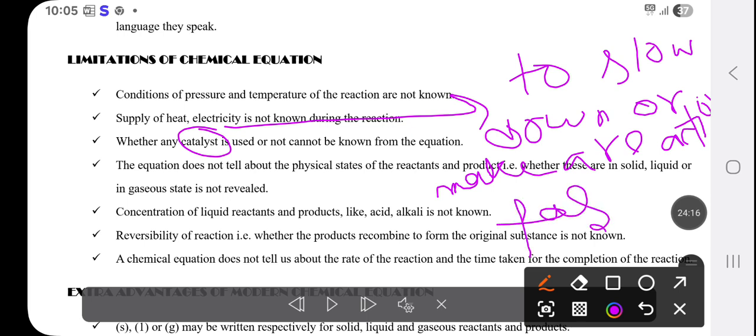But whether a catalyst is used or not is not known.